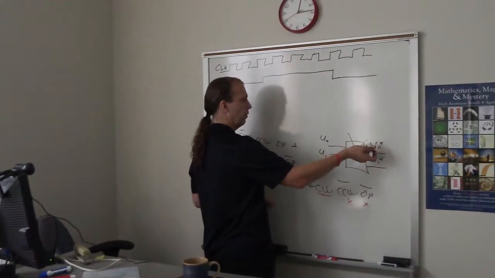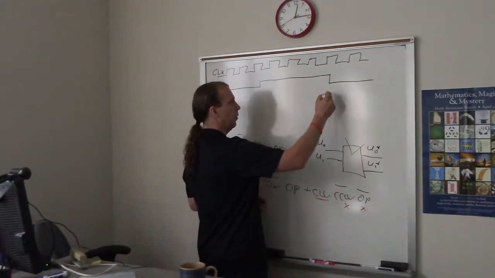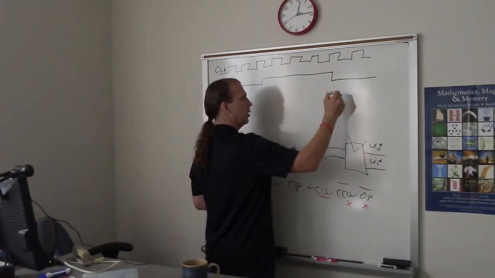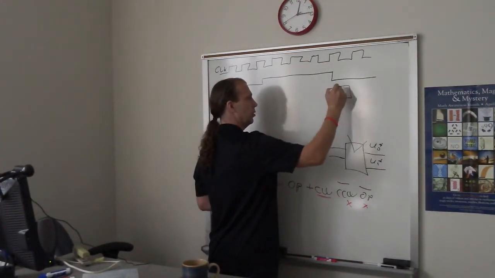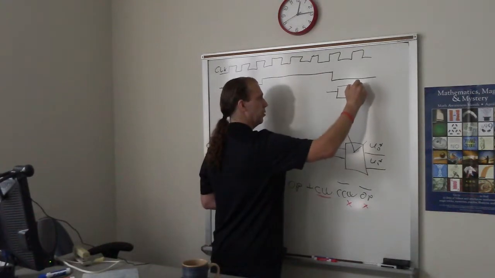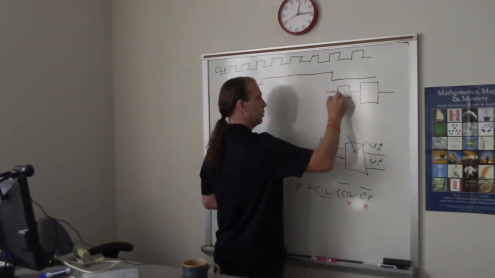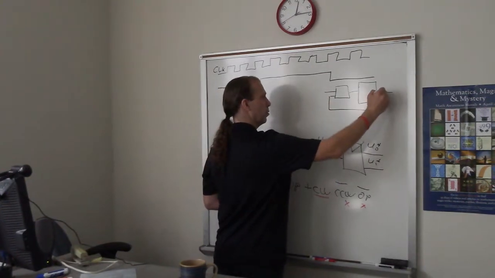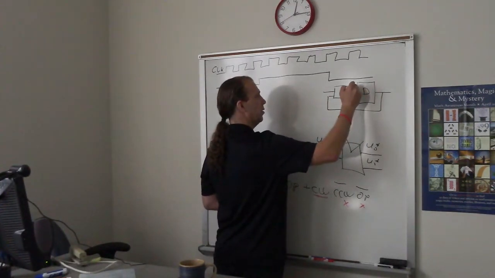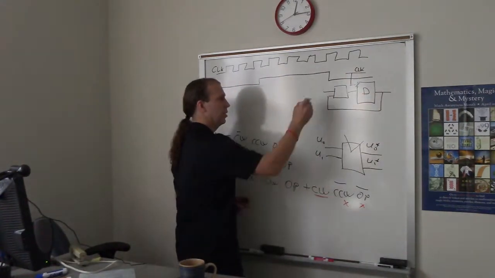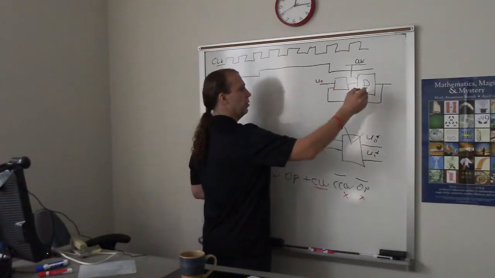So for U0, we want the input into a... So in other words, this is U0.